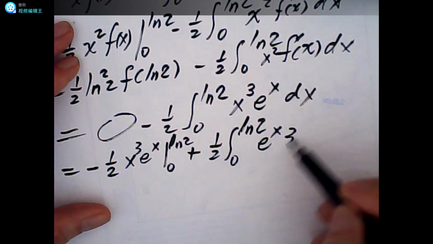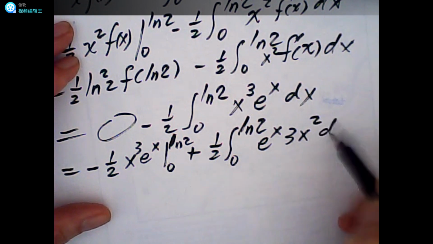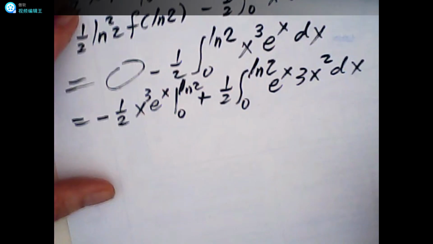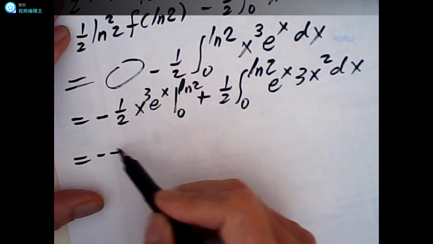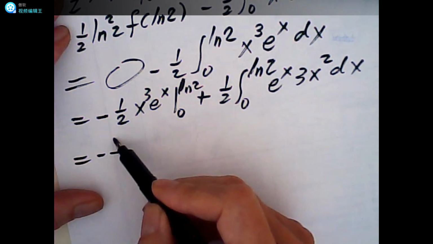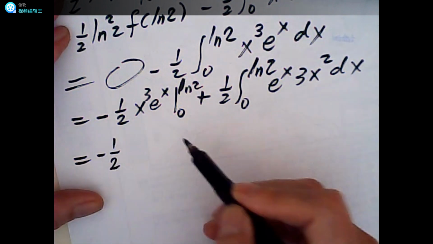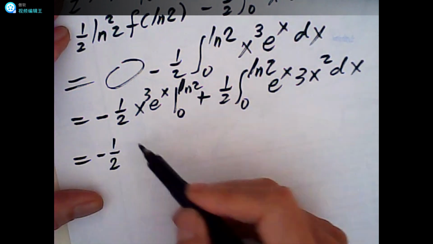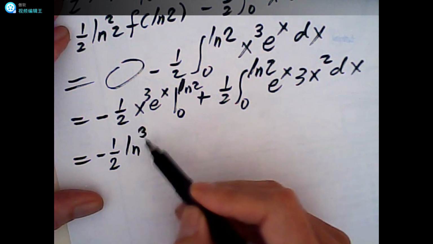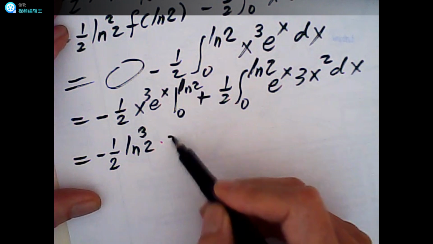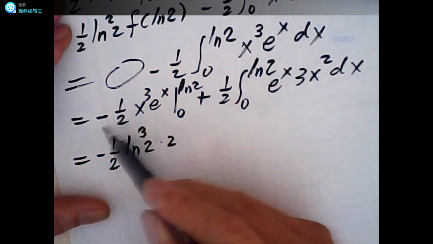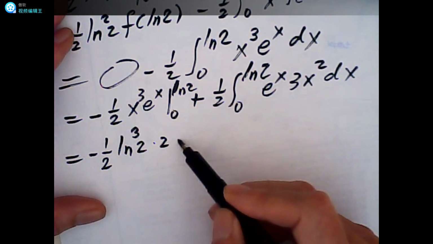This is du, 3x squared dx. Then this one is equal to negative log cube of 2, right? Times e to the x will be 2. And minus this is 0, okay, so plus.